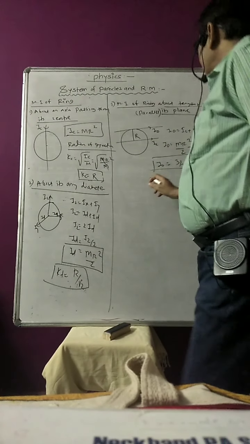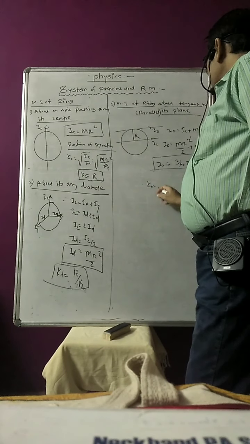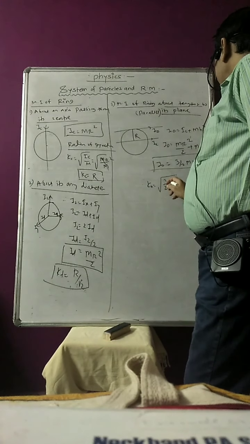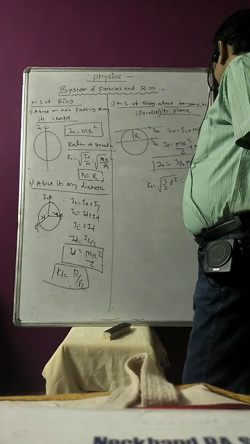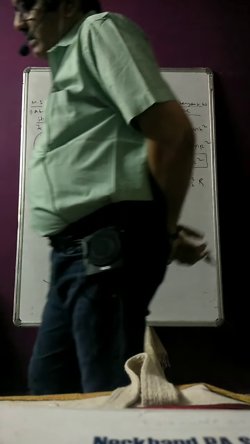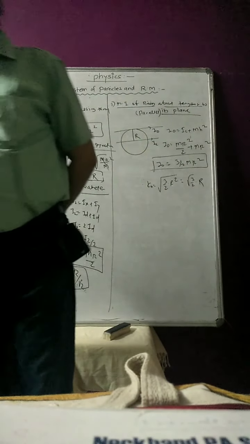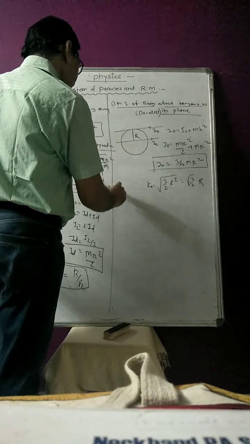So therefore KO is equal to, M will get cancelled, under root of 3 by 2 into R square, R will come out, so under root of 3 by 2 into R. So KO is equal to under root of 3 by 2 into R. Okay, so that will be for the tangent in its own plane.